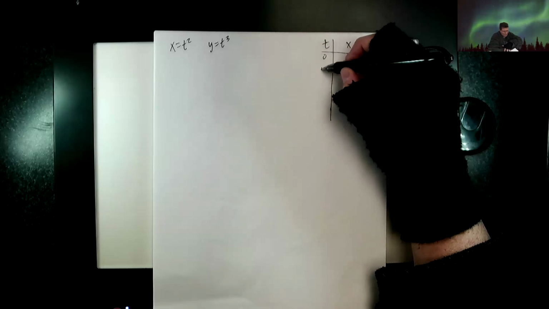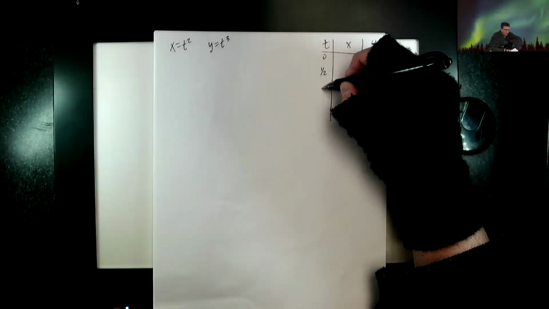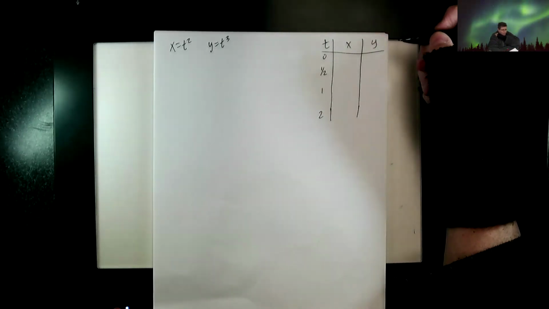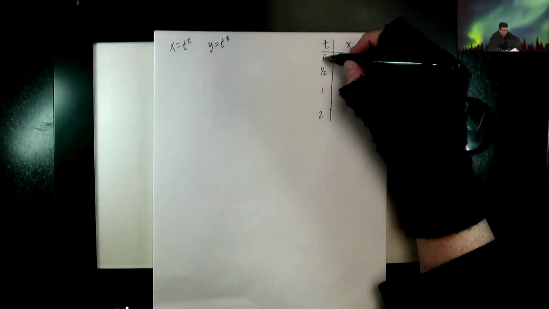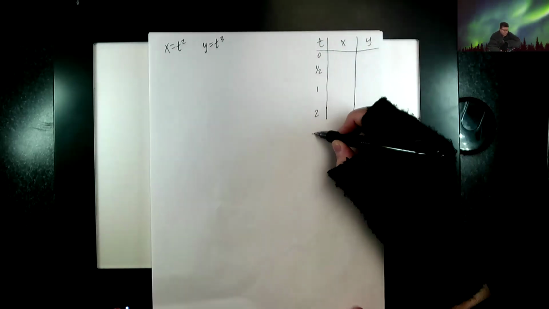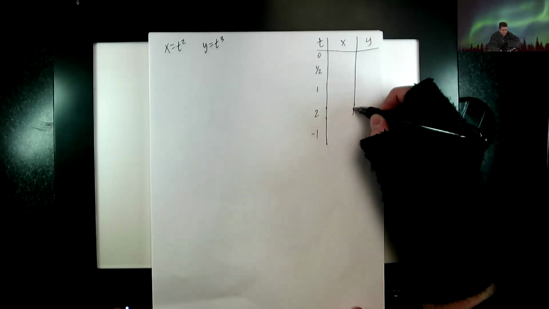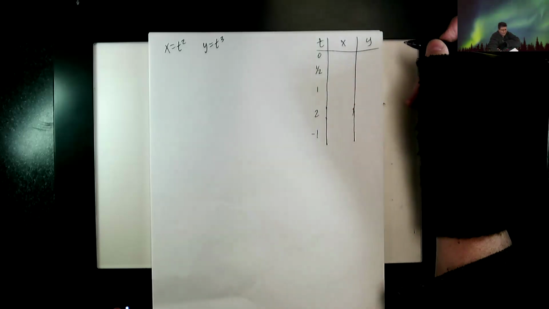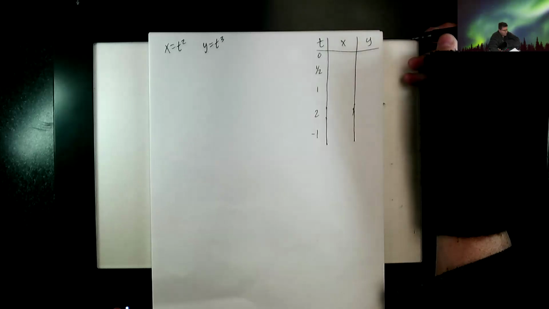I'm going to do 1/2 just because I want to see what happens between 0 and 1. And then maybe I'll do 2. And maybe we could look at -1, see what's happening as we go negative. Time doesn't have to start at 0. We could go to what happened previously.